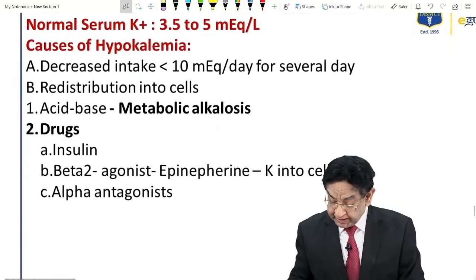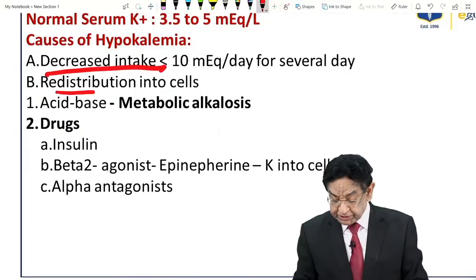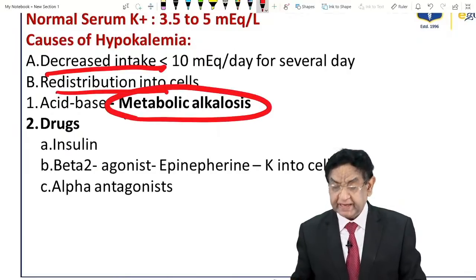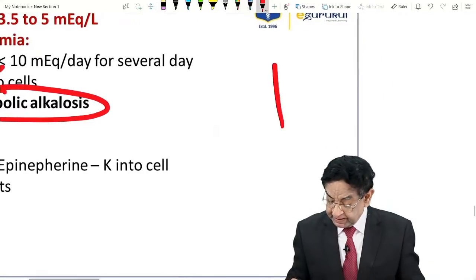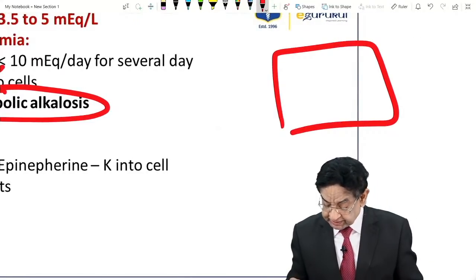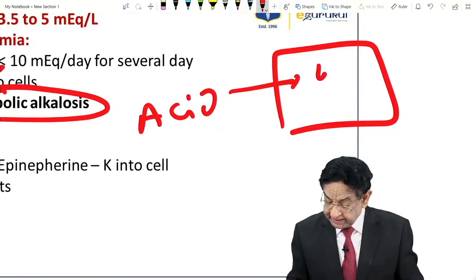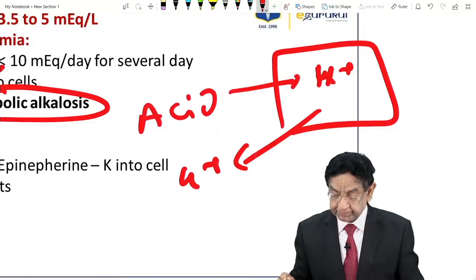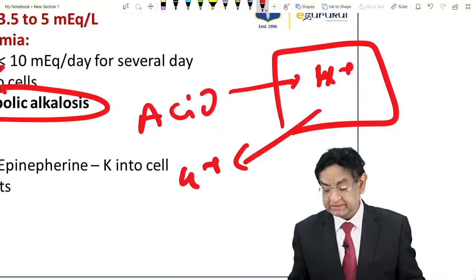Causes of hypokalemia: decreased intake or redistribution, any cause of metabolic alkalosis. Remember, whenever we have acidosis, H ion goes in, potassium comes out. That's why in acidosis, hyperkalemia occurs.